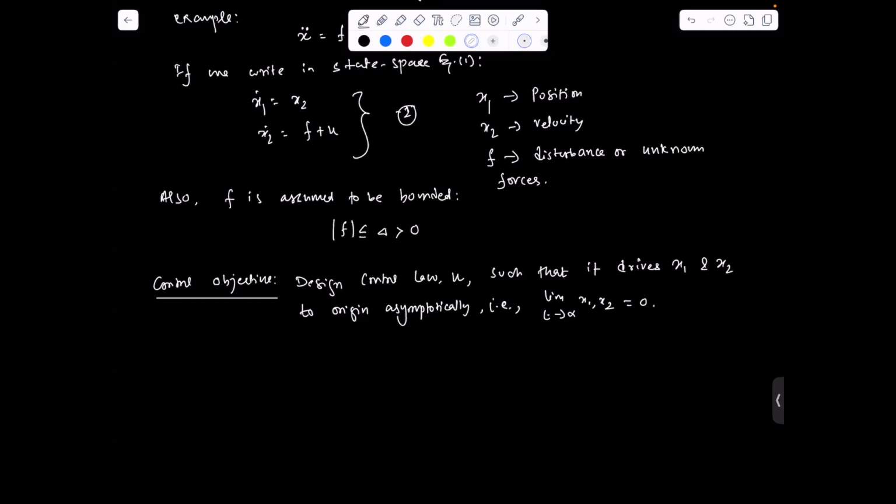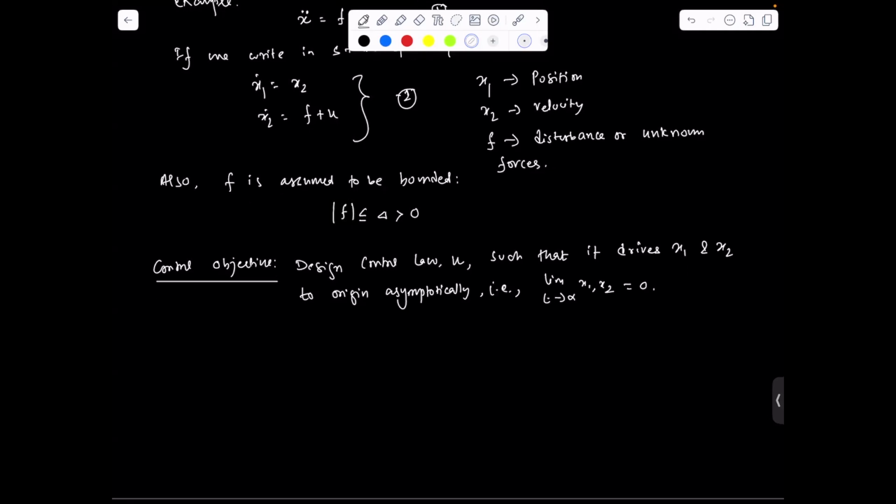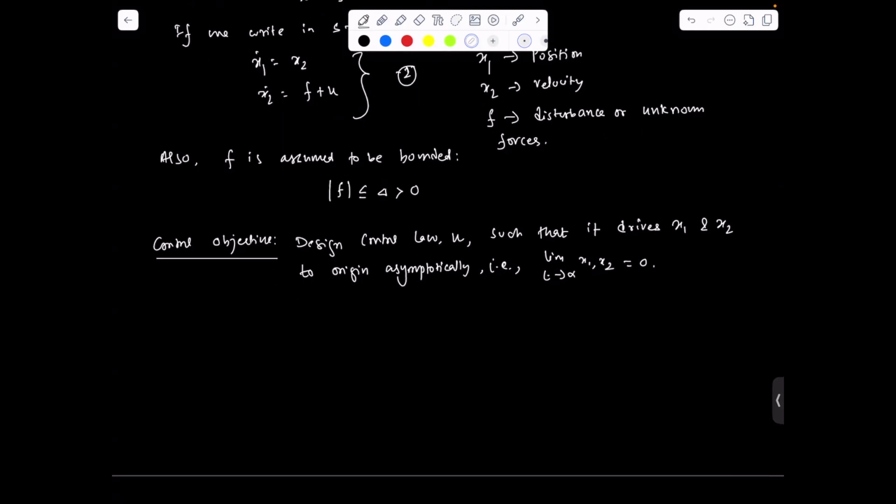But achieving this asymptotic convergence of x1, x2 is a challenging problem. If you want to design a simple state feedback control, we can do it in the absence of this nonlinear function f.